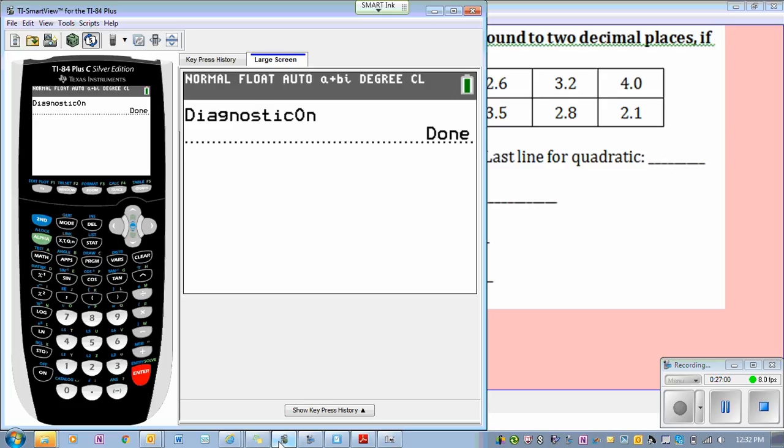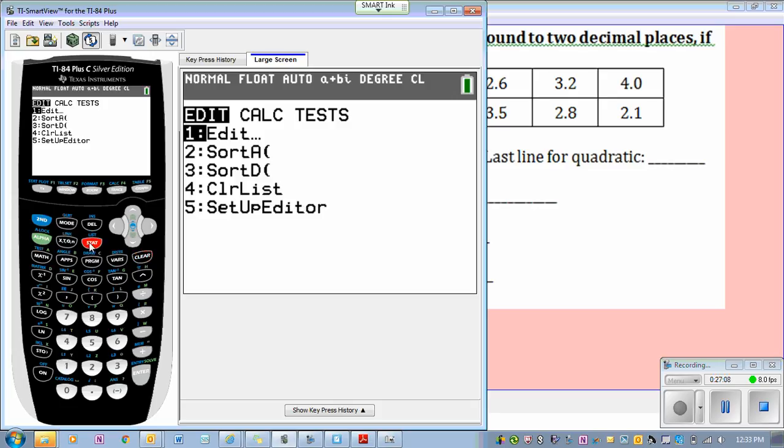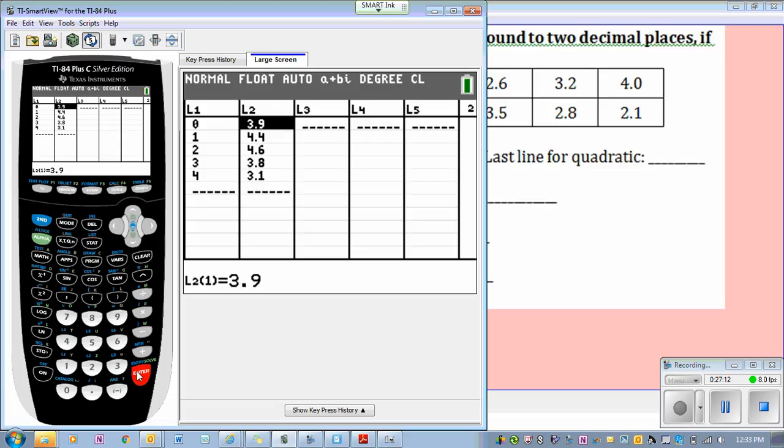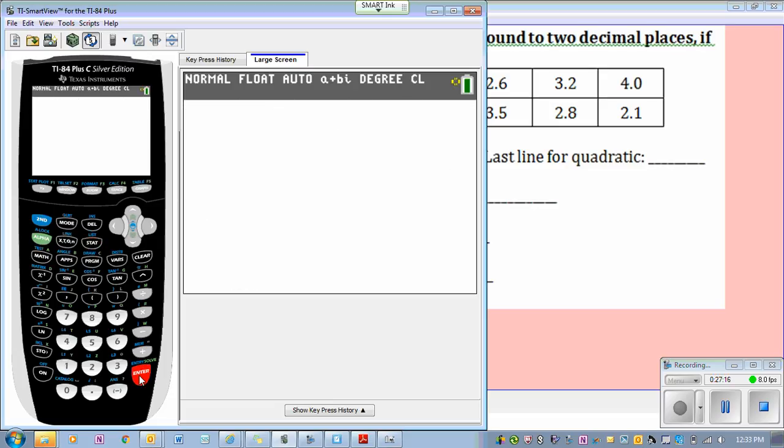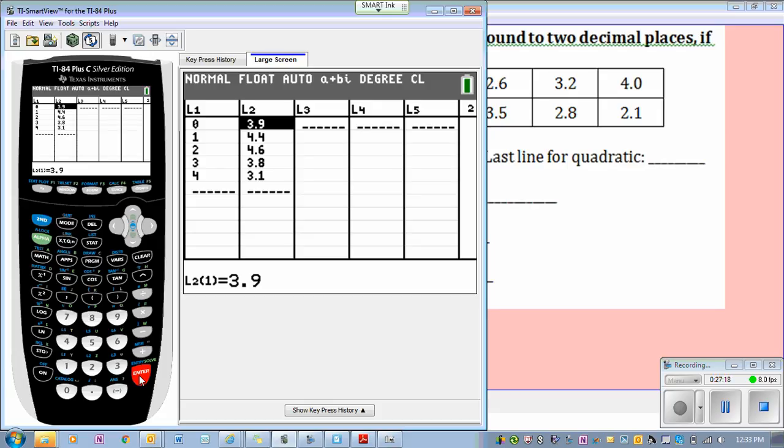All right, so your diagnostic is on, it's done, we're good. Now go to stat. Hit enter for edit. Make sure you have L1 and L2.